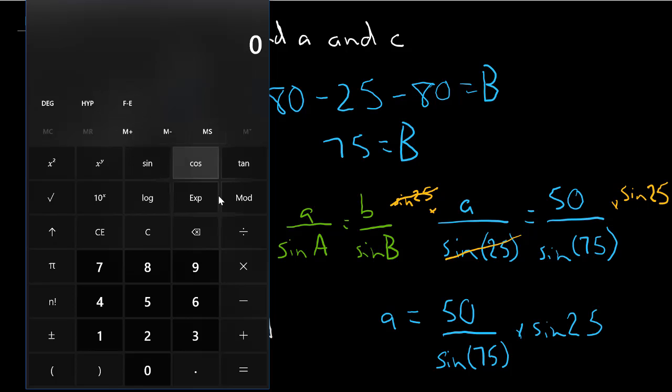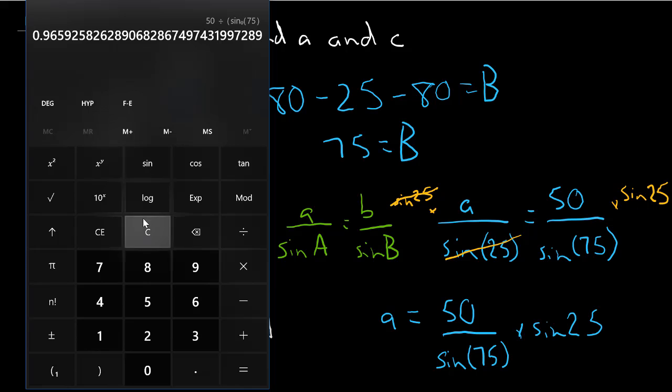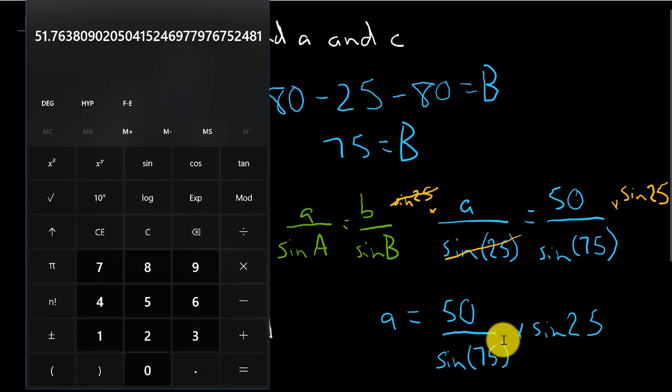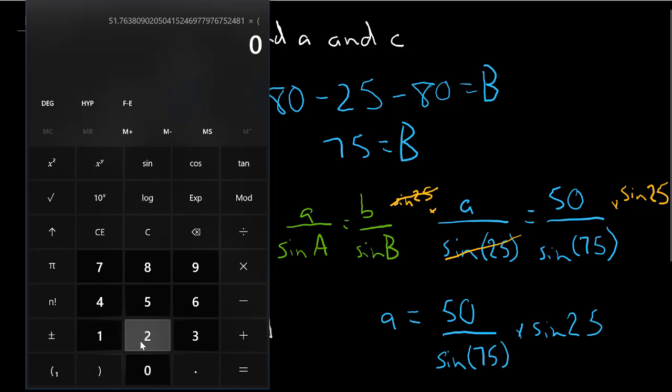Alright, so now I have my calculator open. I'm going to punch this in, so it needs to be 50 divided by, well, over sine of 75, so 75 sine, close that bracket, equals. So that's what this part of the equation equals, and then I have to multiply it by sine of 25.